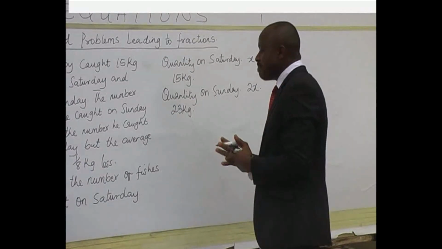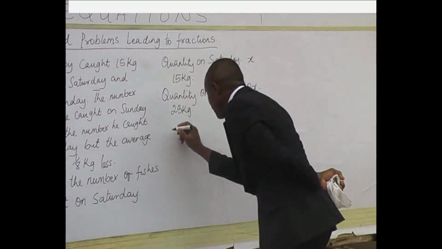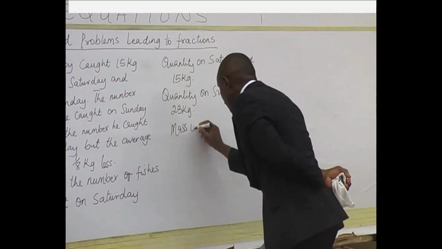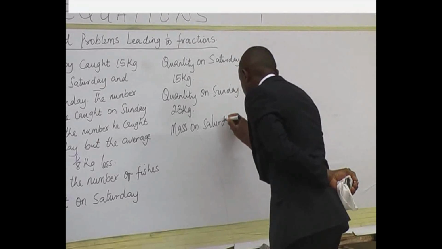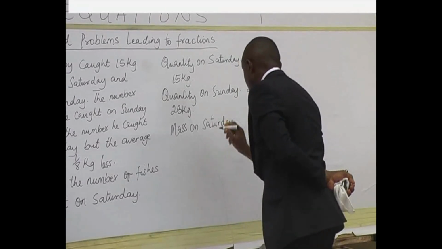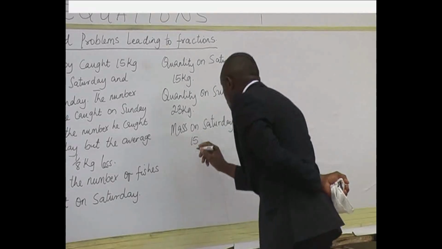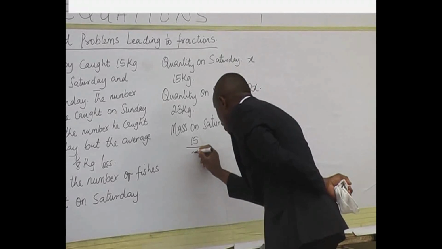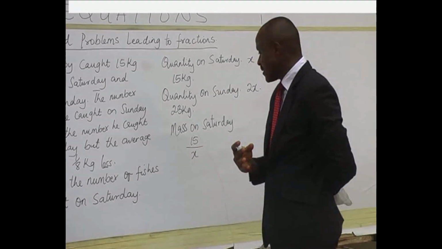now the average mass on Saturday is going to be the total mass caught, which is 15 kilograms, divided by quantity caught. That will give you the average mass.